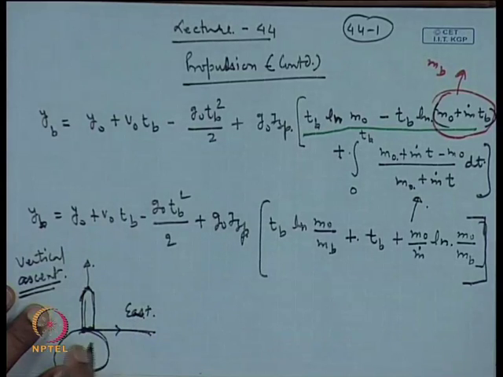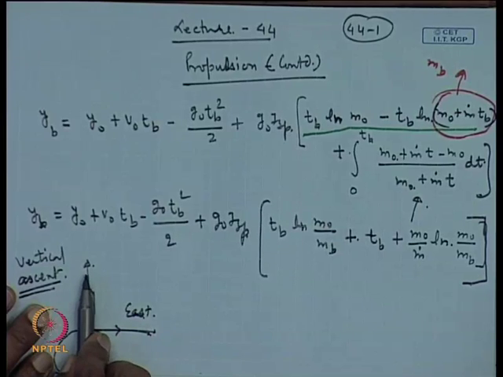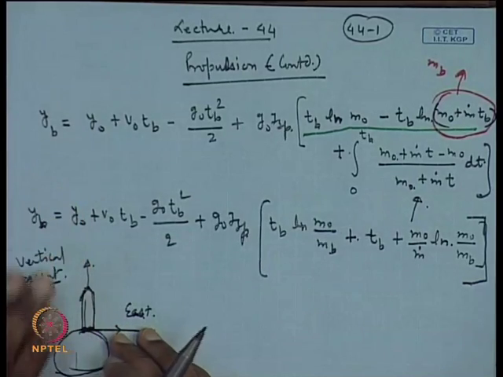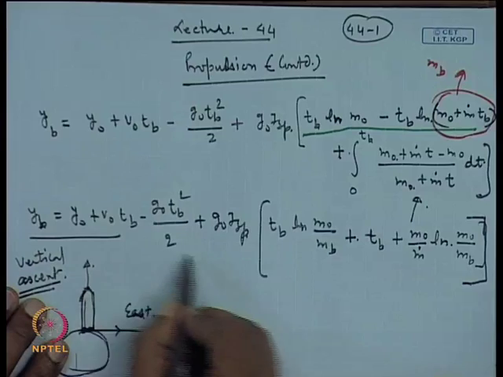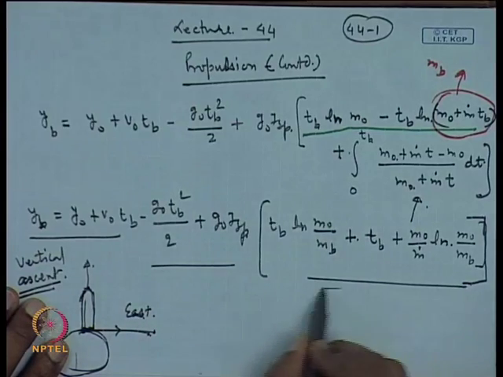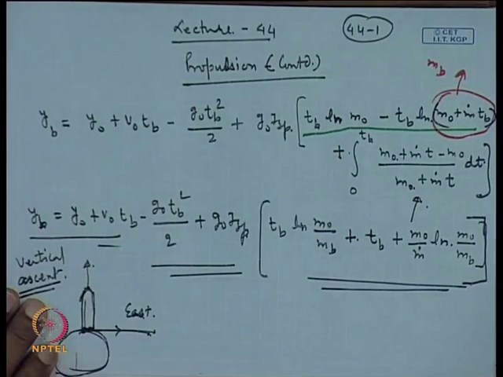So, it will also have a horizontal velocity toward the east. In the inertial reference frame, the rocket will appear to drift laterally also, but if we look only at the vertical part, the rocket is ascending vertically, and its equation is given by the expression we have derived here.